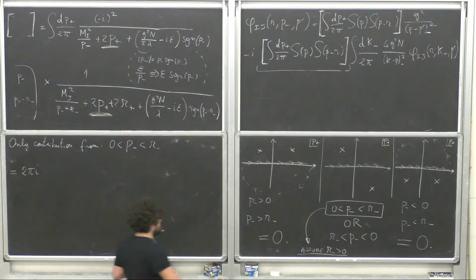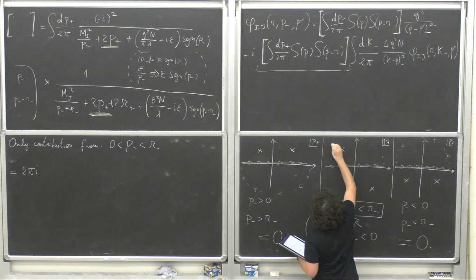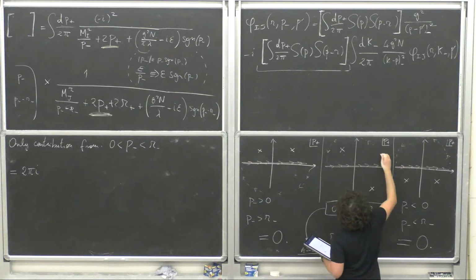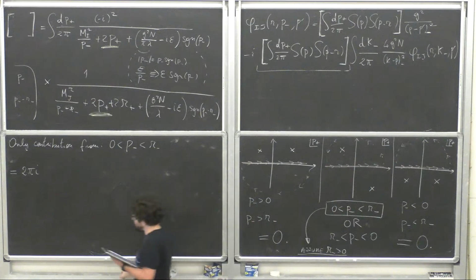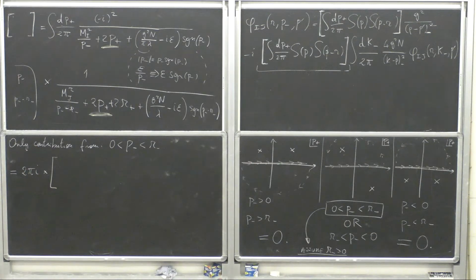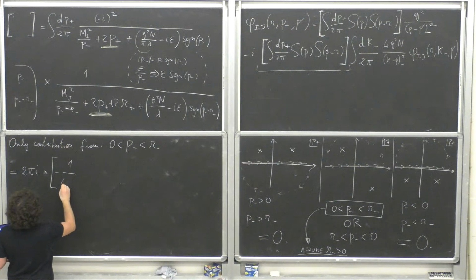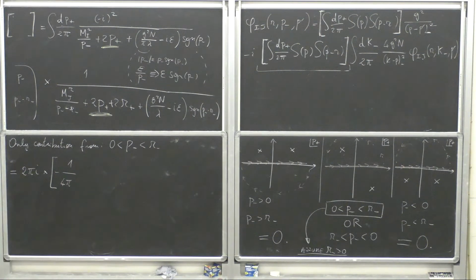It's going to go in the counterclockwise direction, so I get a 2 pi i. And there is a minus from this minus i squared that I had there. So there is a minus 1 over 4 pi. Where is this 4 pi coming from? Let me think.